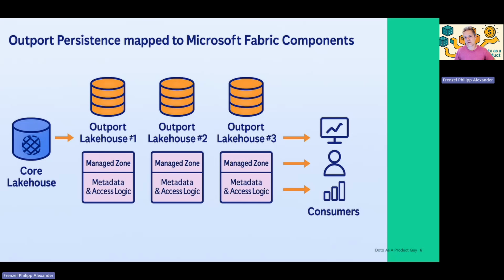We do that because we use item level security to restrict access to certain output ports. Additionally, of course, you can use the security features from Fabric, such as row level and column-based security and so on. But we share the output, and this is where we need to set up the access.